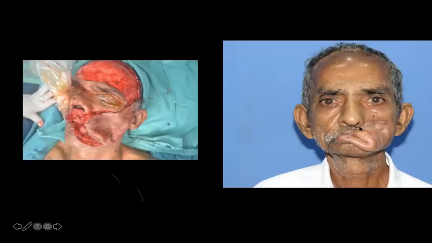And then after a period of 6 weeks, we used the remaining part of the forehead flap after dividing the pedicle, because the vascularity was obtained from this local tissue here, and we folded it to reconstruct the lip defect. So if you give enough time for these pedicle flaps to get their blood supply from their respective inset sites, then you can divide the pedicle and use the extra length of the forehead flap to refashion the lip or the defect of the commissure.